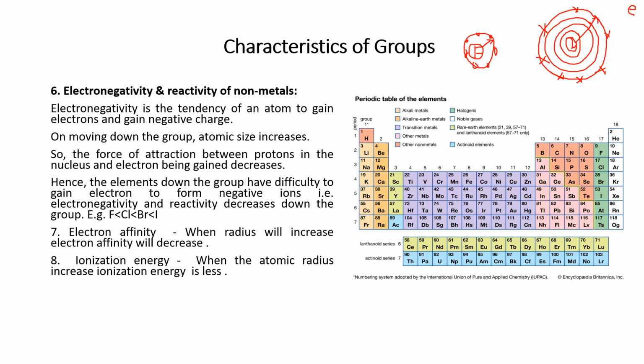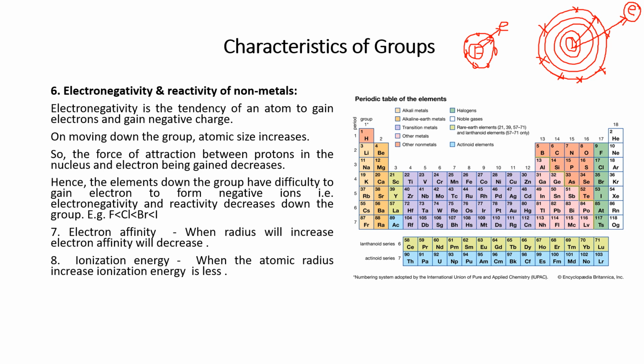See here is an electron. It is difficult for the nucleus to attract this electron because it is far from the nucleus. But it is easy to attract one electron for fluorine because it is near to the nucleus. For this, fluorine has more electron affinity.